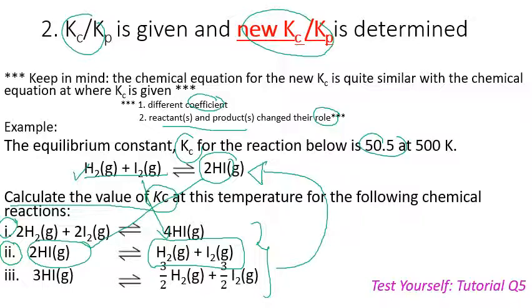The third type of question combines these two: different coefficients, and the positions of the reactants and products are also different. So this is the second type of calculation question.